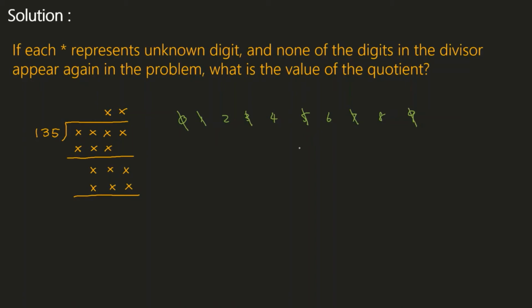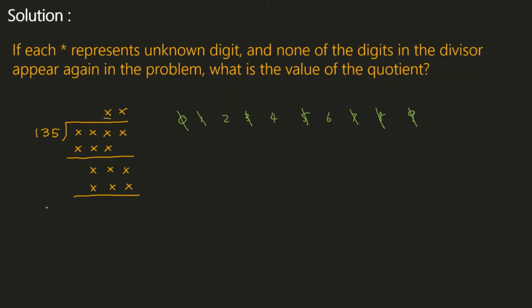Okay. So let's look at 8. If this first digit in the quotient is 8, 8 times 135 will give you a number that is 4-digit, which is too big. Okay, so that is also eliminated. So we're left with 2, 4, and 6. Okay, so now let's try 6.